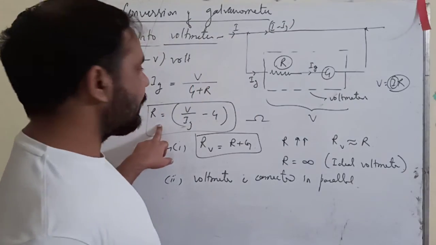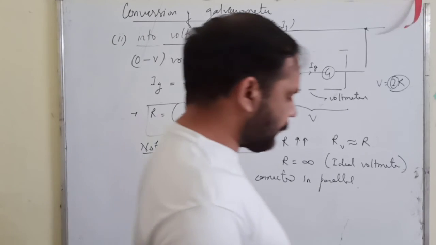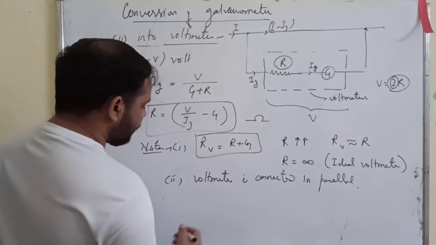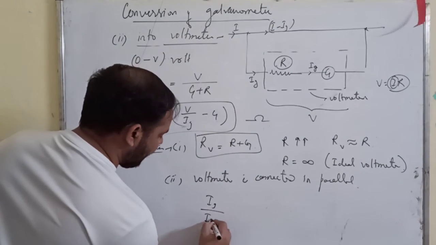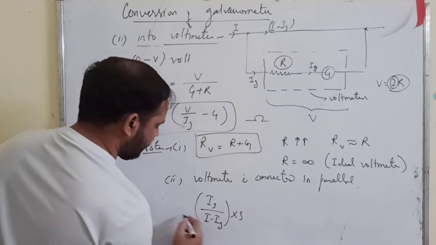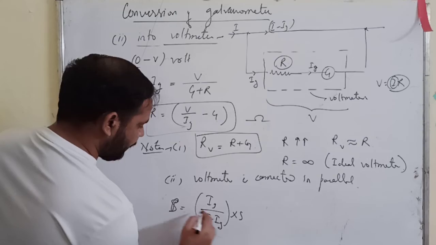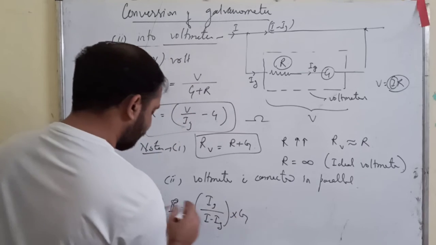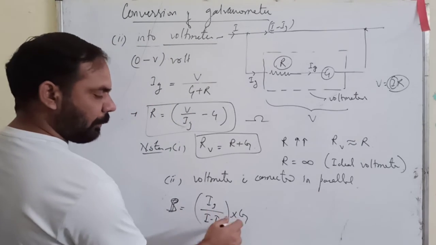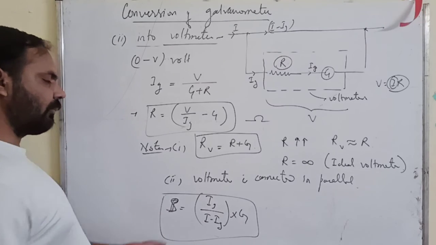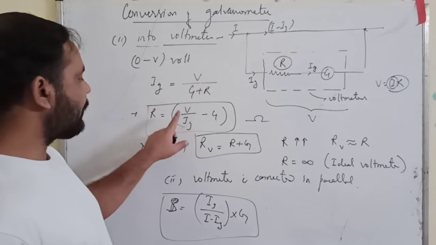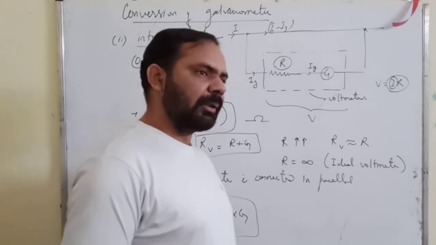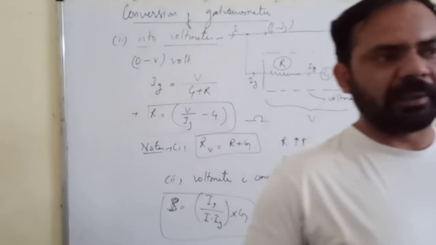For the voltmeter it is this much, and for the ammeter it was Ig upon I minus Ig into G. This should be G. So the resistance to be connected in parallel to form the ammeter is this much, and the resistance to be connected in series to form a voltmeter is this much. This is all about the conversion of a galvanometer into an ammeter and a voltmeter.